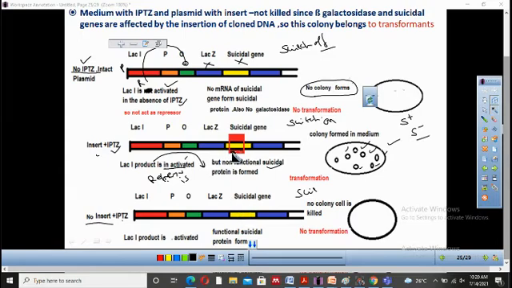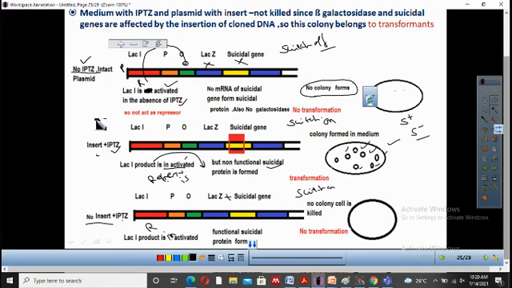No insertion is there. So what will happen? No insert and IPTG will induce. It means that the lac I product is inactivated and it will be switched on. Since the lacZ is present, it will promote the growth, but at the same time the suicidal gene is also there, so whatever growth there will be, they will be killed. So due to the presence of these two together, they will not produce any colony, so there will be no colony.